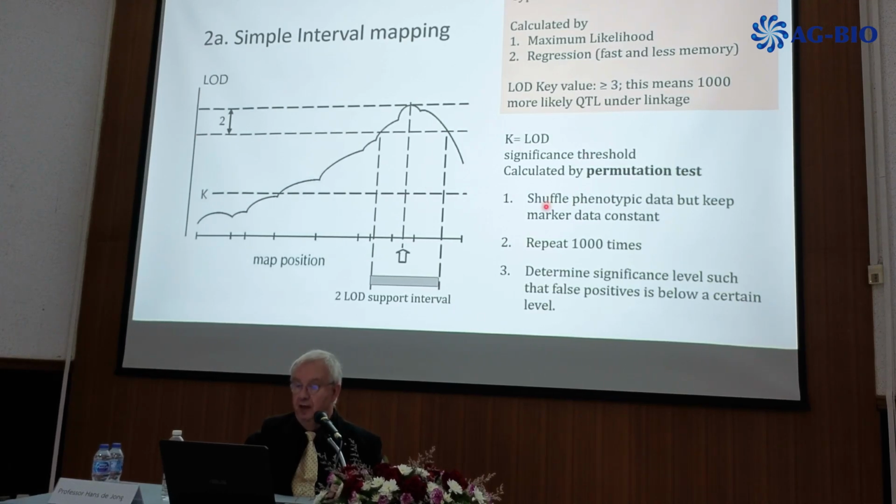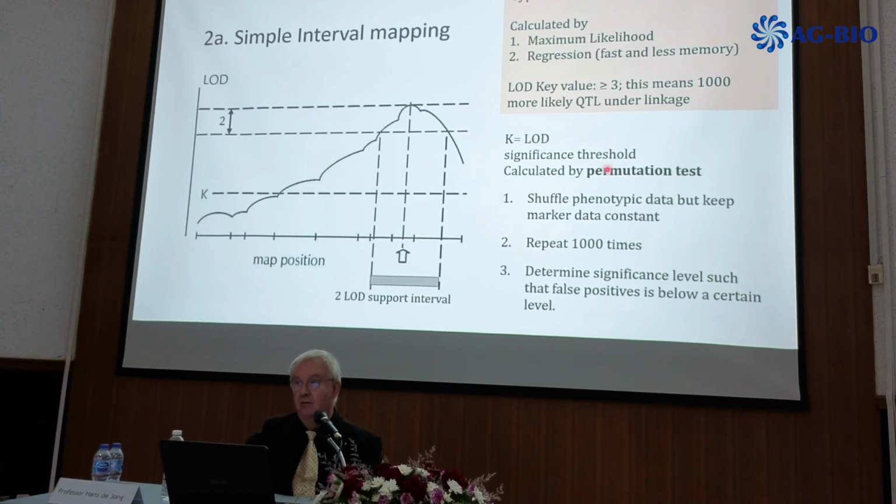And in QTL mapping, people use a lot the so-called permutation test. The permutation test actually shuffles your phenotype data, but keeps the markers constant. And you repeat that work 1,000 times, and then you determine what is a significant level such that the false positives are below a certain level.